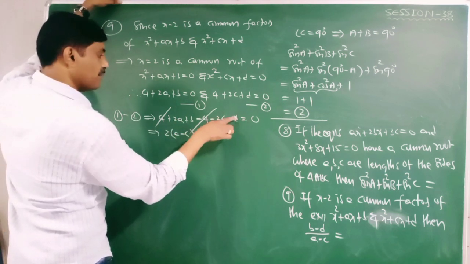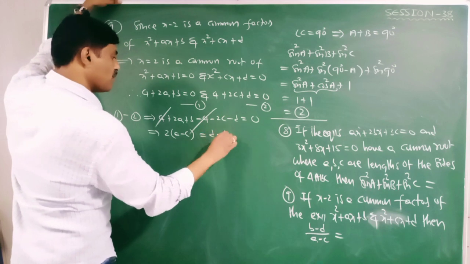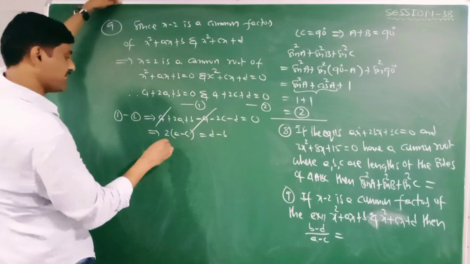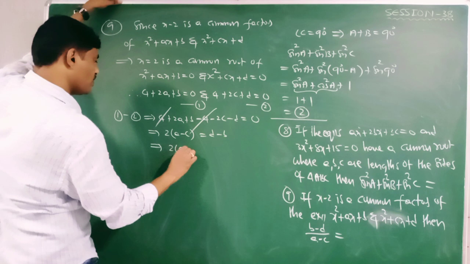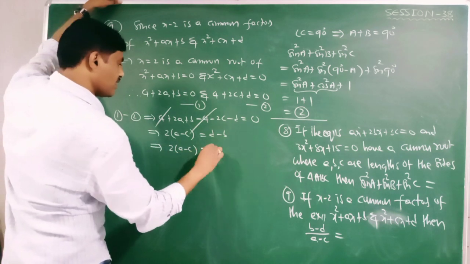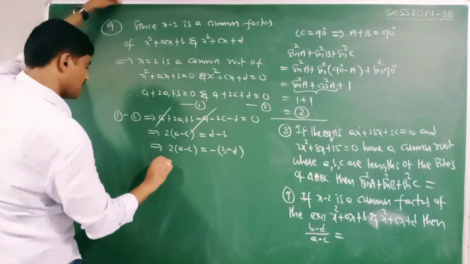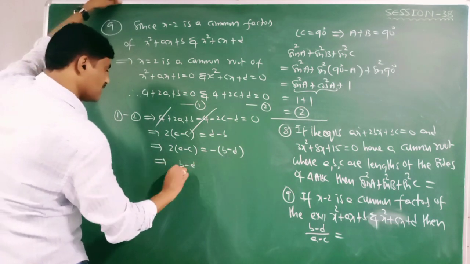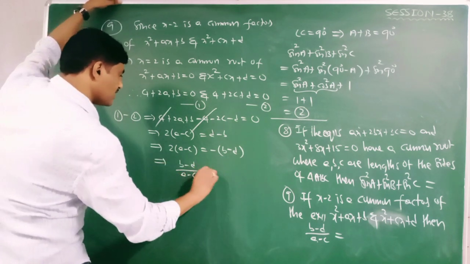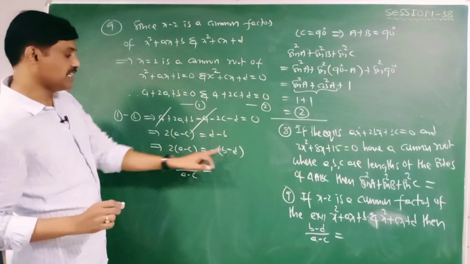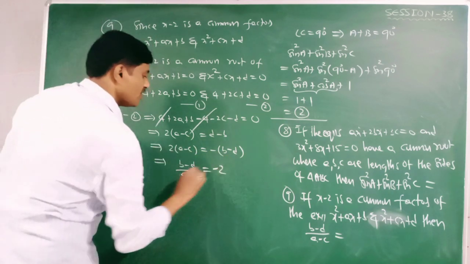Bring that to the other side, it will become d minus b. But we have to find b minus d, so take a minus common: 2 times a minus c is equal to minus of b minus d. Therefore b minus d by a minus c is equal to minus 2.